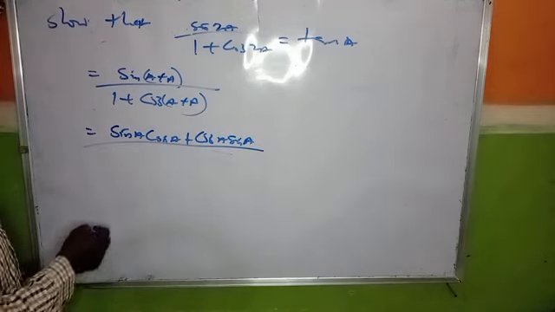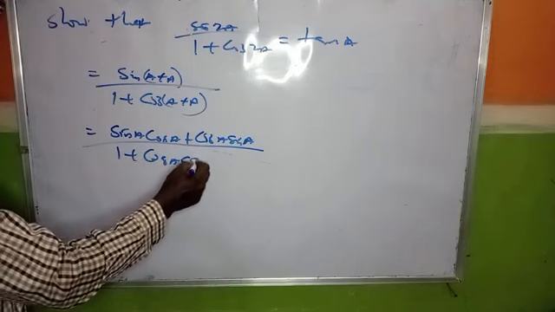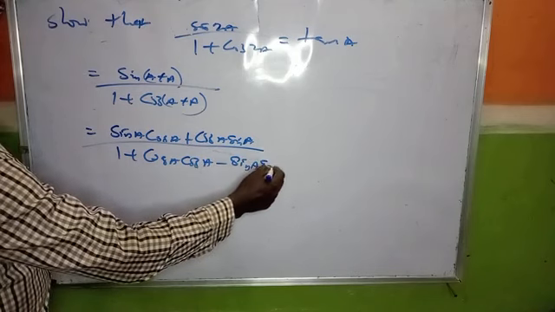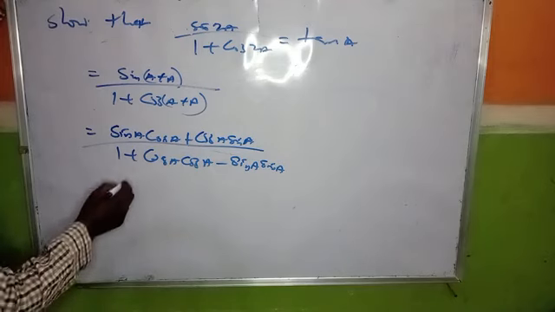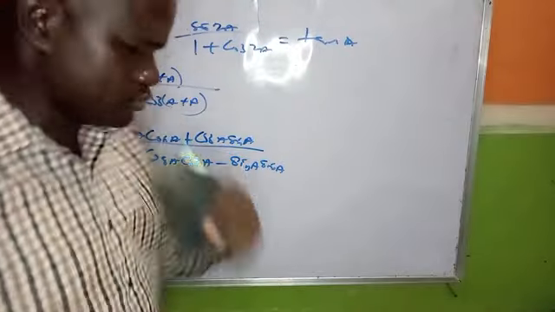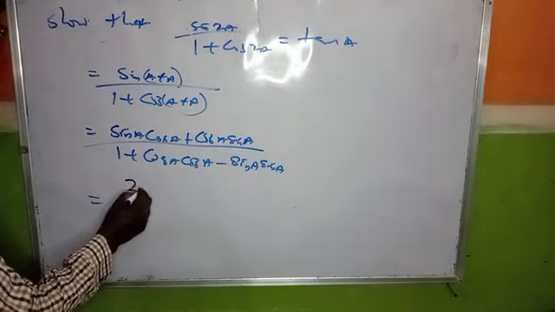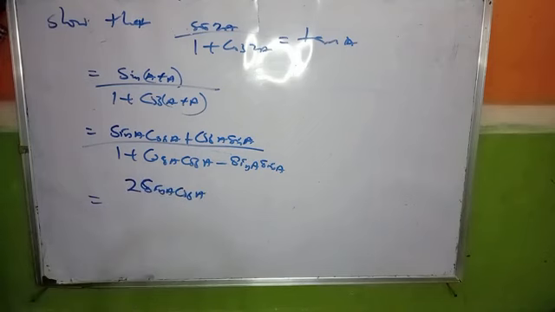So what about this? You have 1 plus cos A cos A minus sine A sine A. So what do you have here? This one is the same thing. So you can simply add it together as 2 sine A cos A. They are the same.